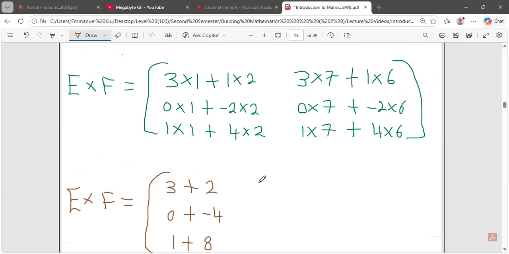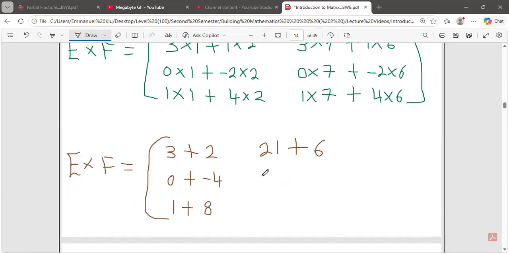3 times 7 is going to give us 21. Okay. Plus 1 times 6 is still 6. Yes. 0 times 7 is going to give any number times 0. It's still what? 0. Yes. So we put over here 0 plus negative 2 times 6. What is that going to give us? Negative 2 times 6 is going to give us minus 12.